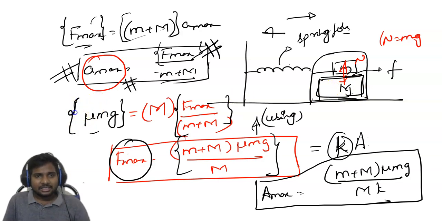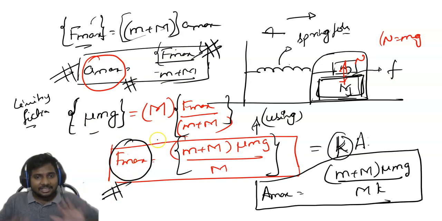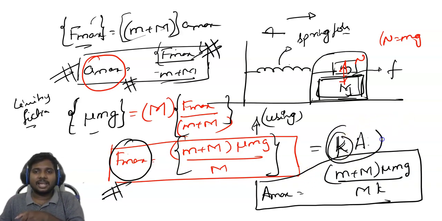So the maximum limiting friction force mu m g should be equal to the mass of the lower block into its acceleration. If they both are going together, the acceleration will be F max by m plus M. So from here I got the maximum possible force. This is the friction concept. Now this maximum force is equated with K into A in SHM. Then the maximum possible amplitude you will get as m plus M into mu m g by M K.